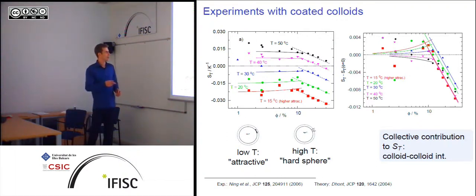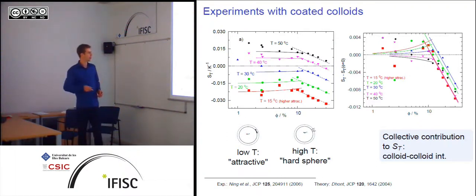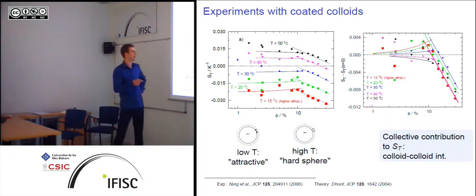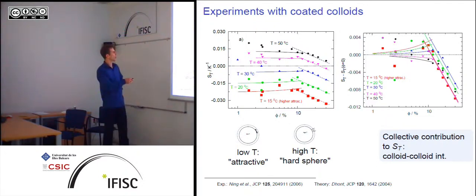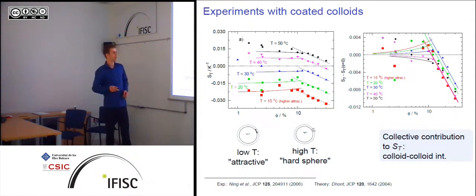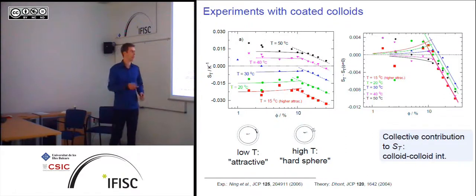But to study this effect of the different interactions, we subtract the contribution of the Thoré coefficient at zero volume fraction. So that means we are left with the collective contribution to the Thoré coefficient, which stems from the colloid-colloid interaction.